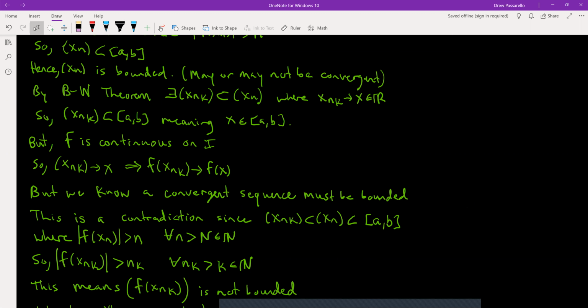But yet we know that sequence converges, and since it converges, it must be bounded.